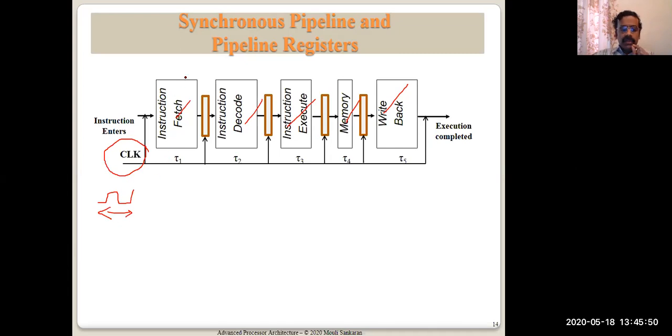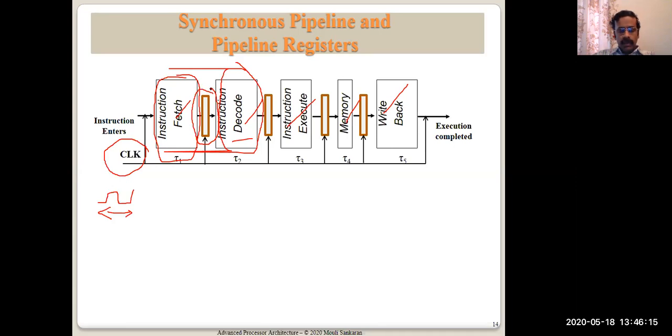Now it is based on the logic circuits. These are all combinational circuits: some AND gate, OR gate, some adder, subtractor, something built on some logic circuit. It's a combinational logic circuit, so there is no memory element here. Memory element means any flip flop.